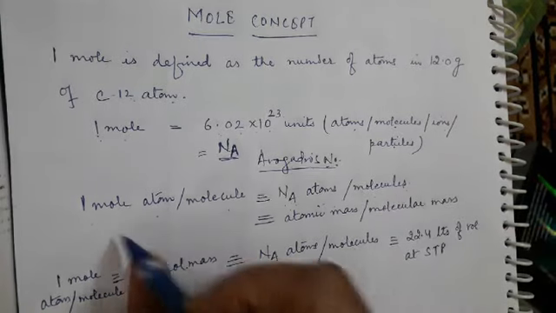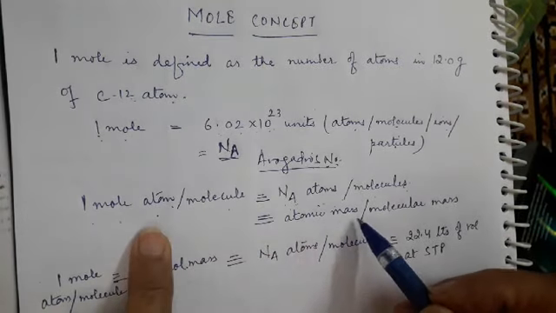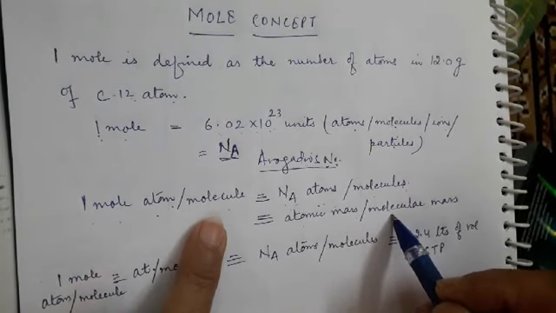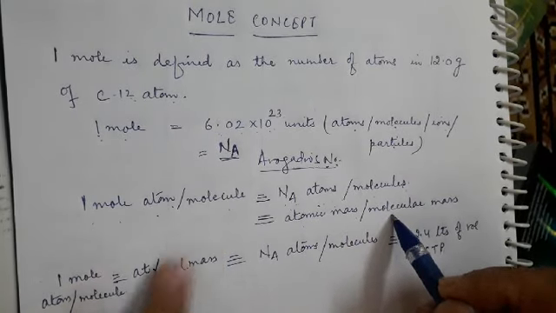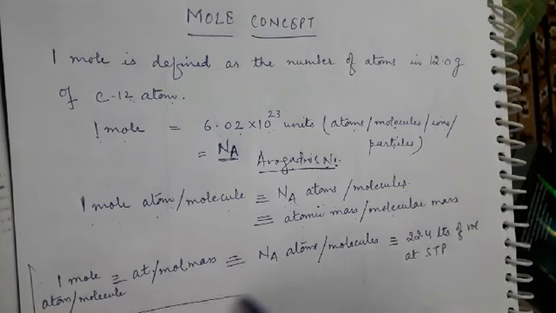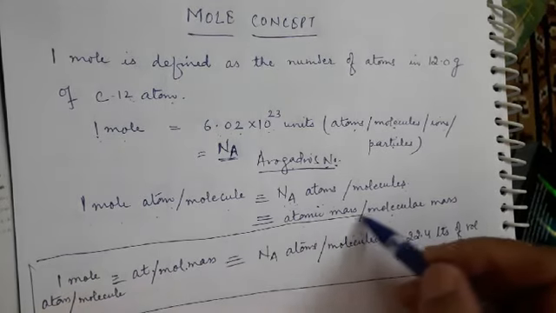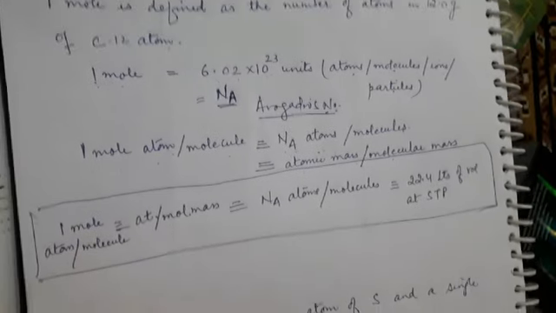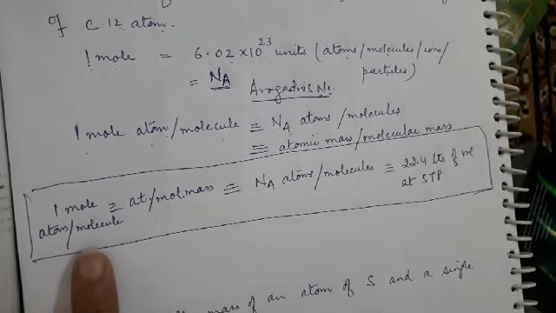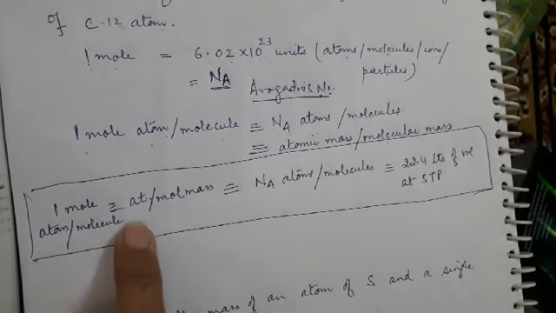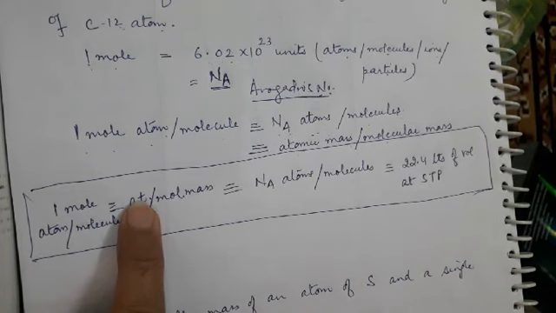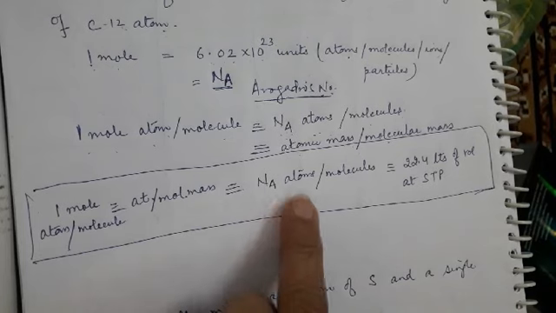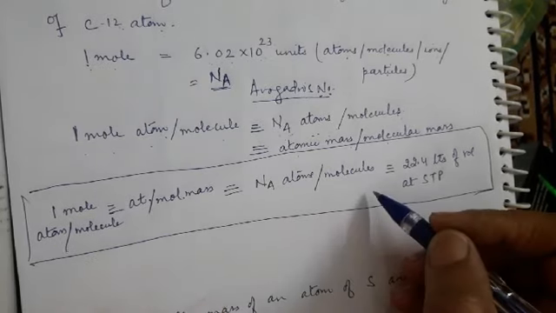One more thing, 1 mole atom is equivalent to its atomic mass. 1 mole molecule is equivalent to molecular mass. So in general, we specify this formula for easy reference. 1 mole of any substance, any atom or molecule, is equal to atomic mass or molecular mass, and it will contain NA atoms or NA molecules.